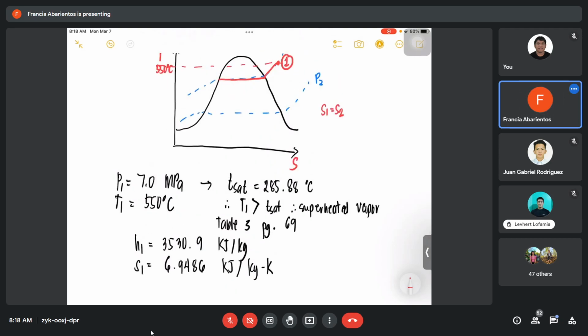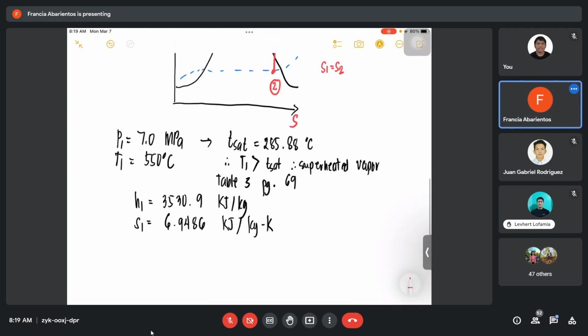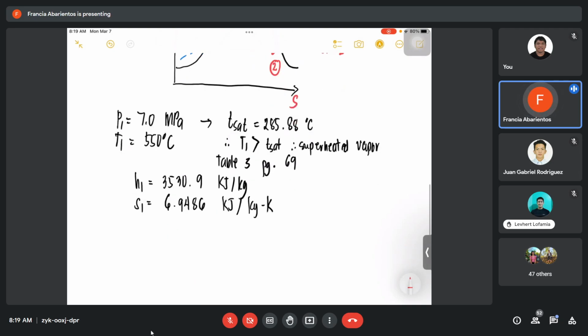So, pababa yan class. Check natin kung mag-follow sa wattage. From process 1 to 2, it falls under isentropic expansion.